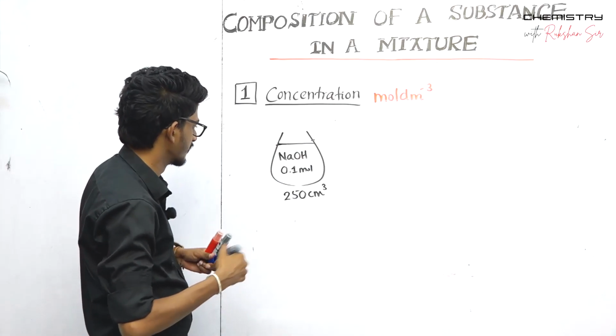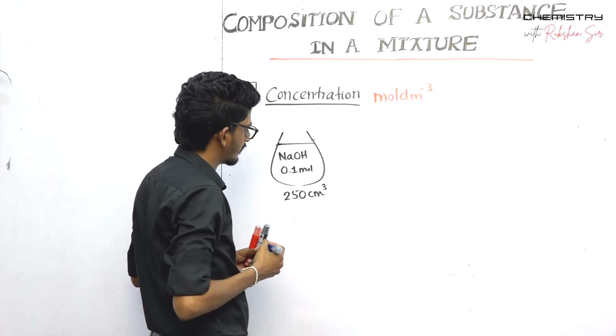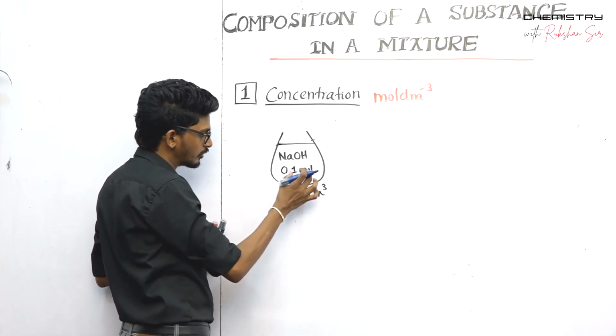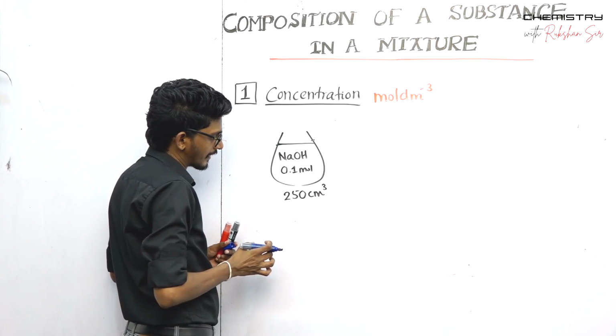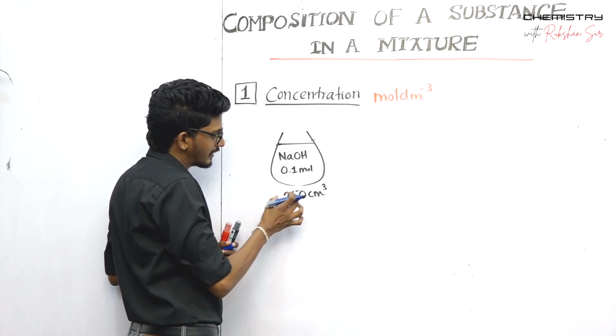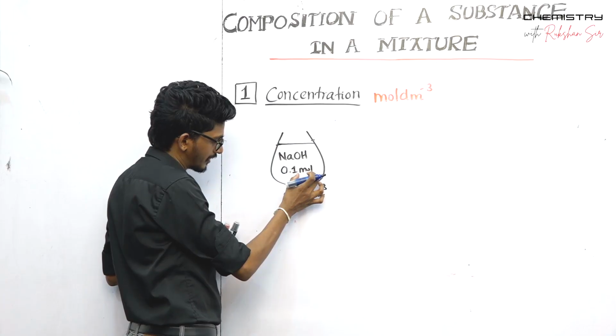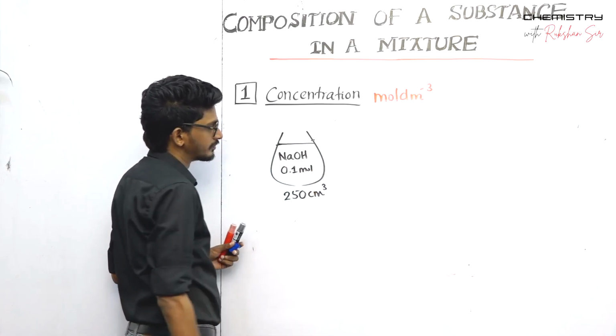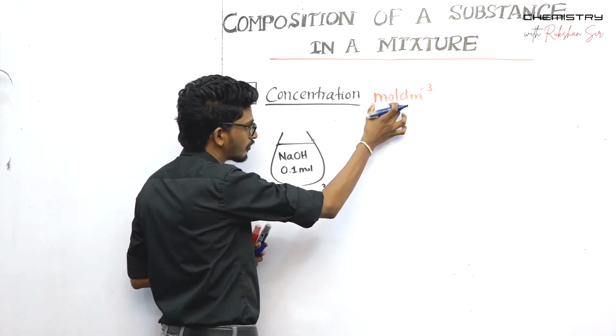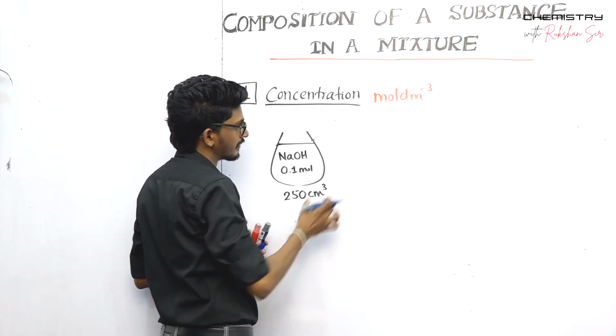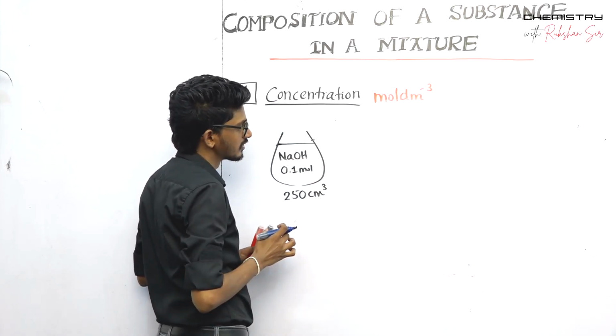So for the concentration, we need to divide the mole value by the dm3 value. That is how we are supposed to come up with the concentration.